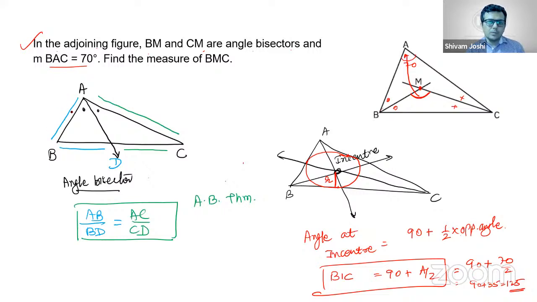Yes, whatever you are able to see here is the angle bisector theorem. Okay, Pooja. AB upon BD, the ratio of two sides written in blue color, is the same as the ratio of two sides written in green color. Okay, external is also very similar.